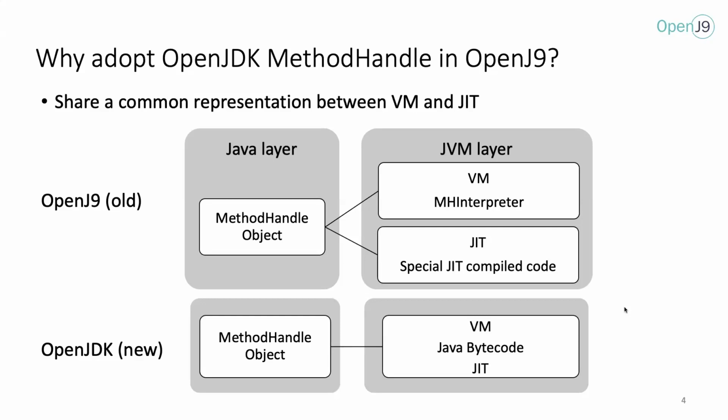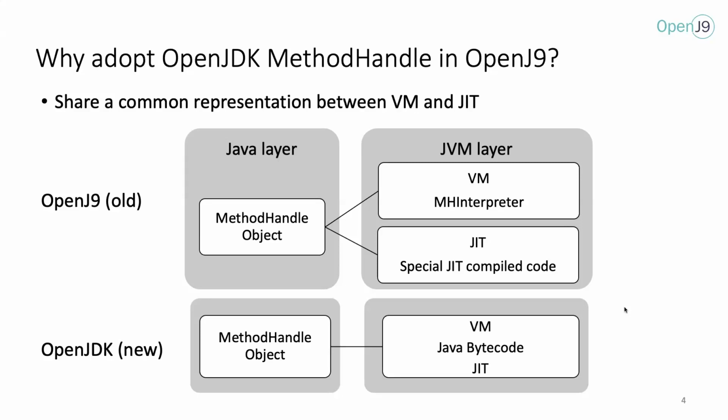On the other hand, the OpenJDK implementation is a lot simpler. It will be treated just like any other Java method that we are compiling. So there is a bytecode representation for the entire mechanism, and that can be used by both the VM and the JIT.